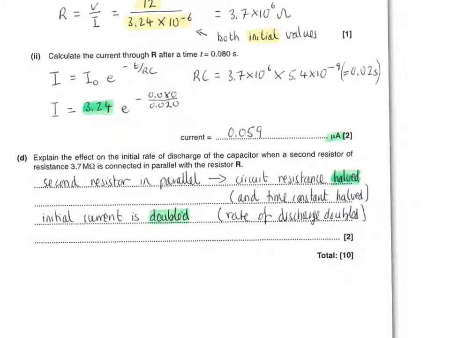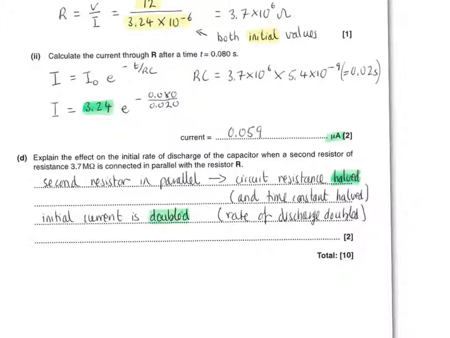Finally, we're asked to explain the effect on the initial current or the initial rate of discharge when a second resistor is connected in parallel. A number of logical steps to work through here. So what is the consequence of adding a second resistor in parallel?